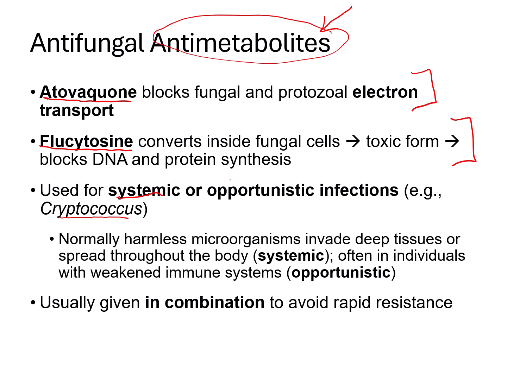So systemic infections are infections that have invaded our deep tissues and usually are spread throughout the body through the blood. Opportunistic infections are caused by organisms that typically don't cause disease in healthy individuals, but can cause these infections in immunocompromised patients. These drugs are also often given in combination to avoid resistance to the drug.